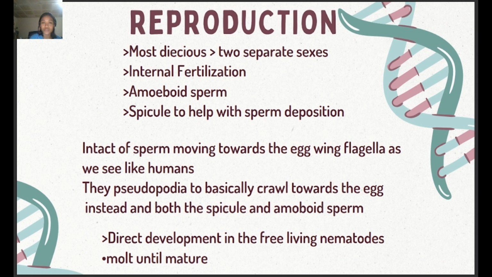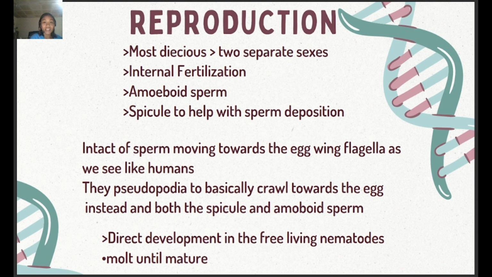Then they undergo internal fertilization, which takes place inside a female organism. Then they have amoeboid sperm, which means no flagella. Roundworms have no flagella, so their sperm also has no flagella.